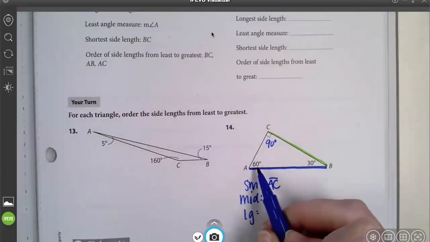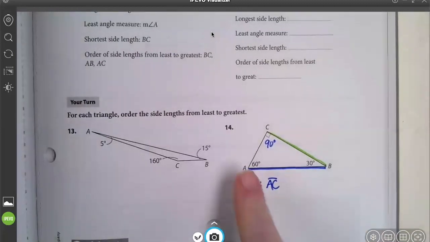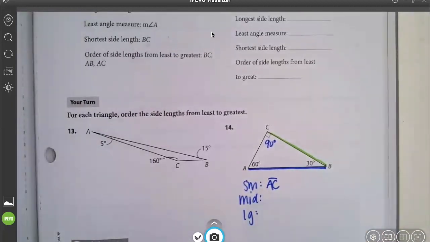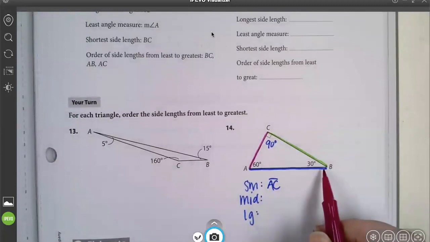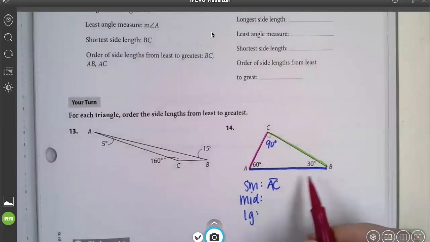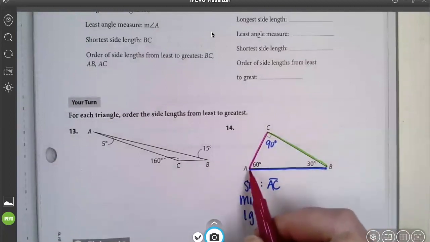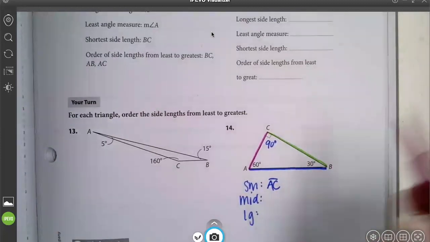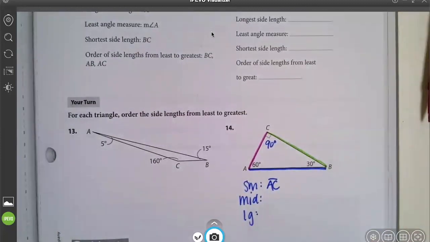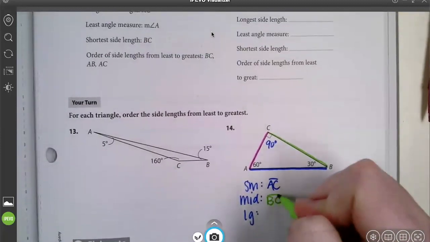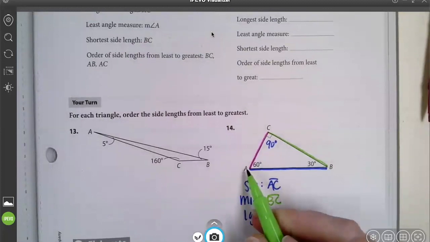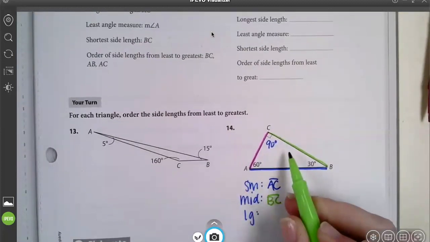Angle A, which is 60 degrees, is made up from the two lines AC and AB. The one that does not touch that corner is this green line, opposite from angle A. So side BC is opposite from angle A, and since this is the middle angle in size, this is the middle side in size.